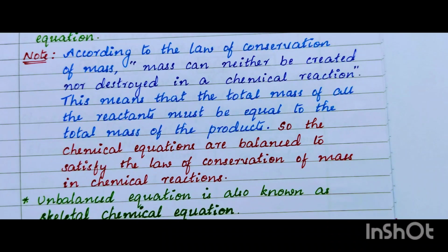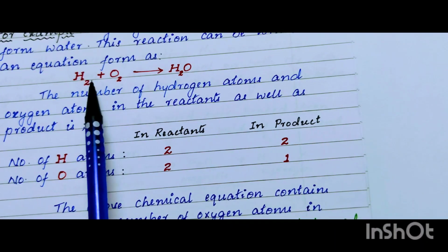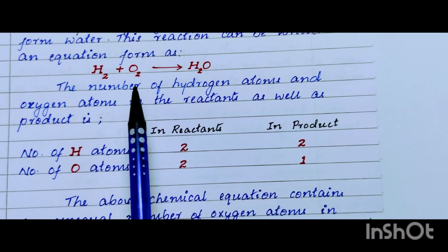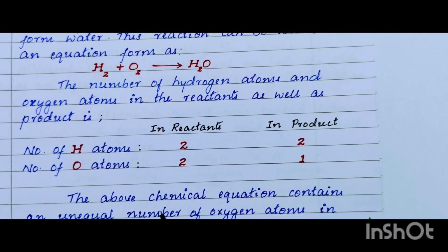That means the total mass of all the reactants must be equal to the total mass of the products. When will it be equal? Equal number of atoms should be present, right?